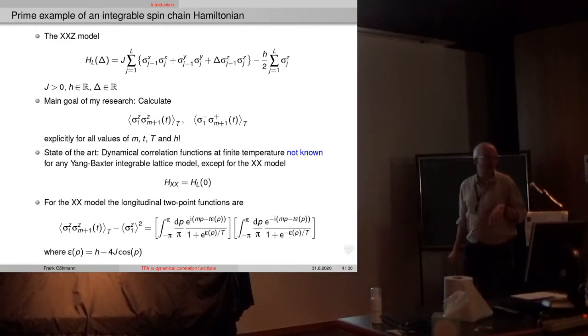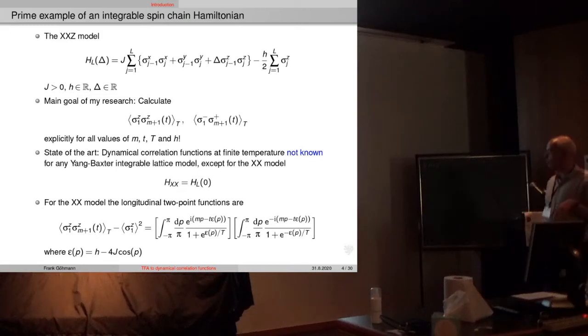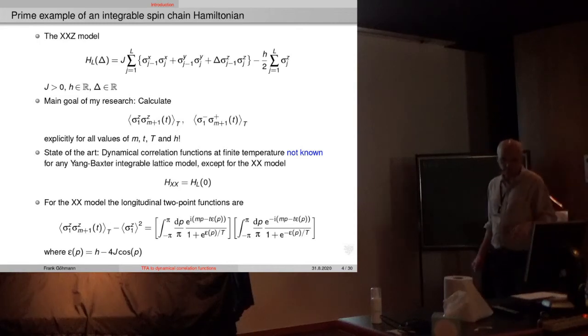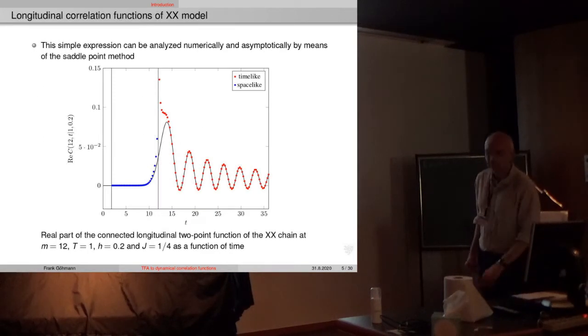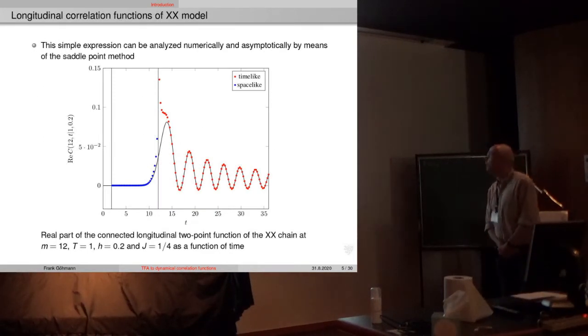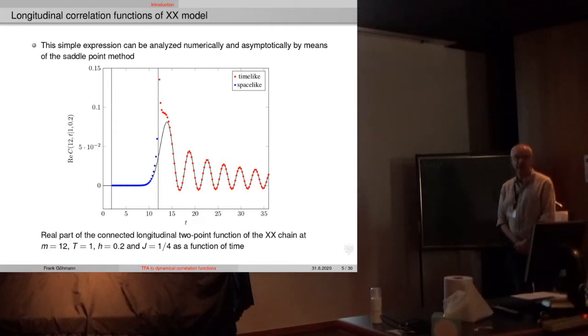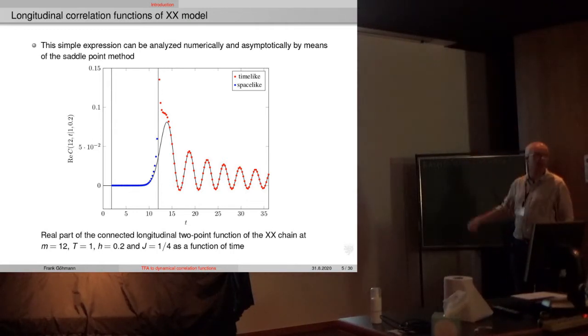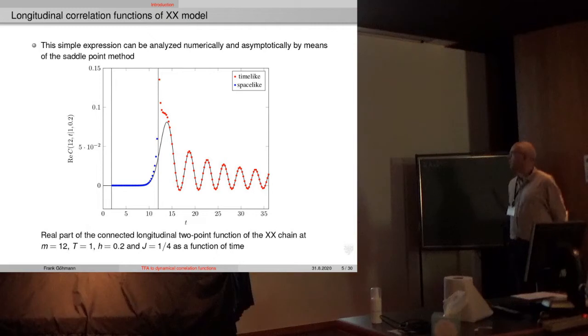Those give you the correlation function for the longitudinal correlation function of the XX chain. And this is very simple, so you can plot it. I did that for you. The black line is the plot of the integrals, just a numerical plot of the integrals, and the blue dots and the red dots are what you get from a saddle point approximation to the integrals.